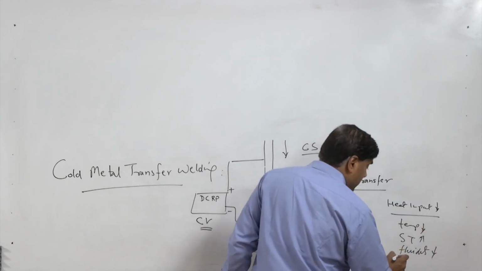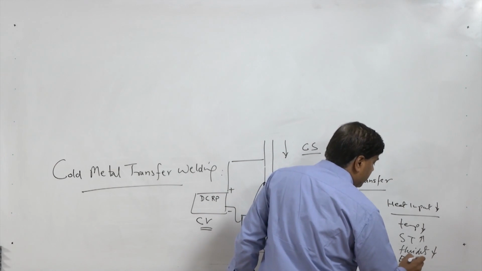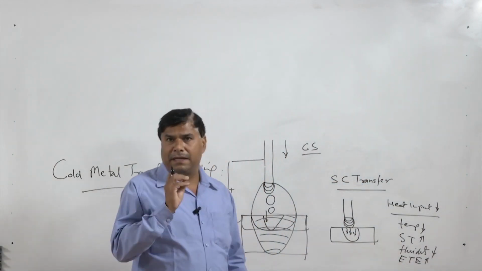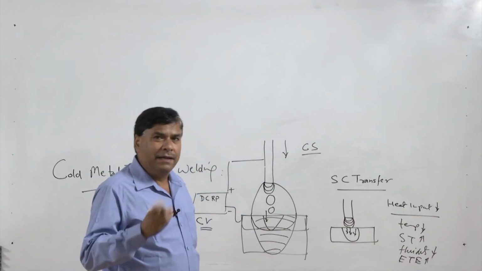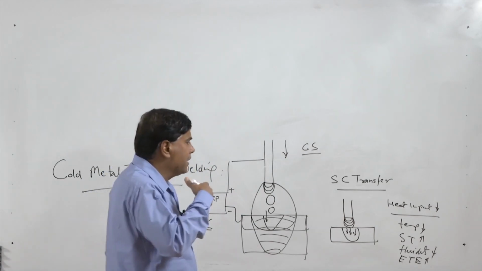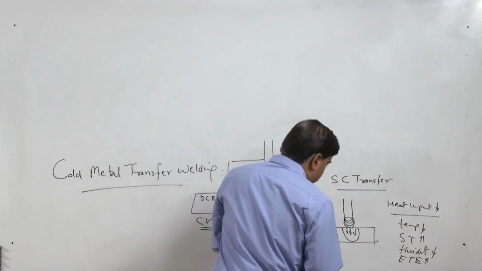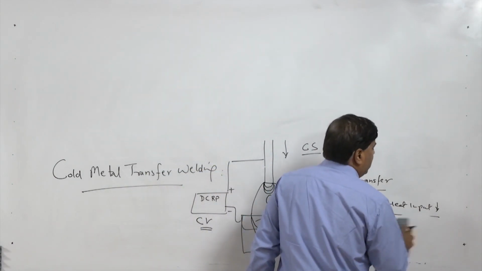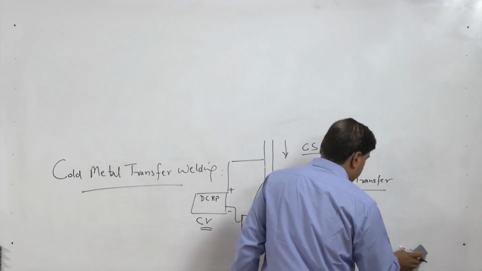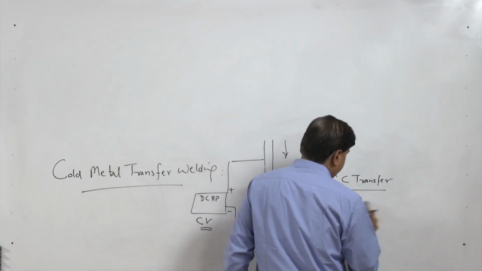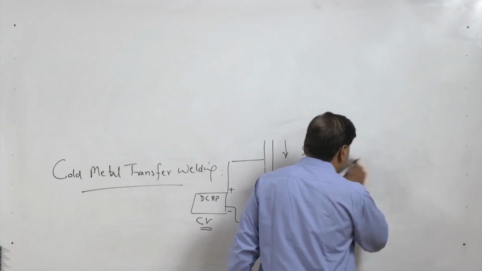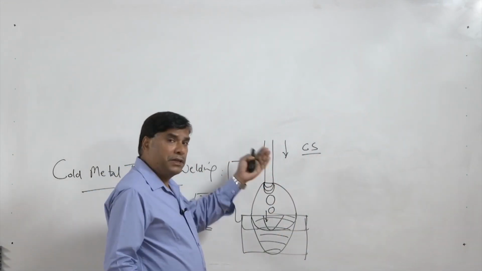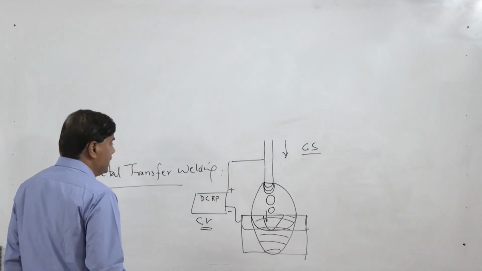We will see that elemental transfer efficiency is high because the heat applied is limited and the temperature generated is also very limited. Therefore, the losses of the elements in the course of the transfer from the electrode to the pool are very limited.